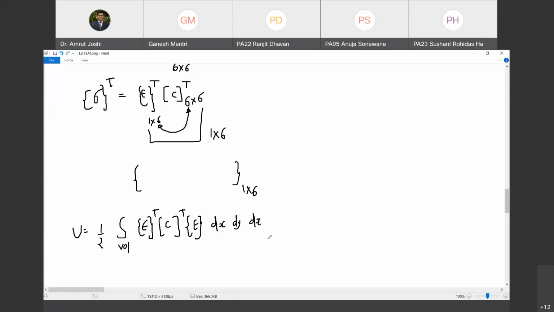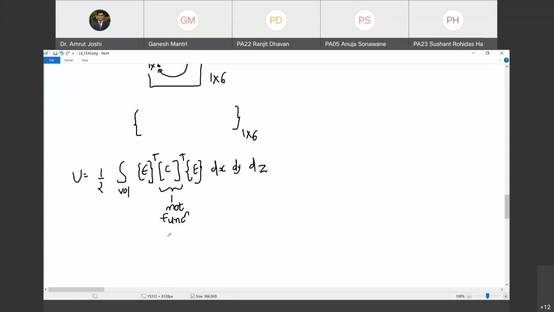The strain tensor is a function of x, y, and z, therefore I can do its integration over the entire volume. This is for a homogeneous material. C is not a function of x, y, z, because it is the constitutive matrix. It involves material constants. As long as the material is homogeneous, this C matrix is not a function of x, y, z. Are you with me?